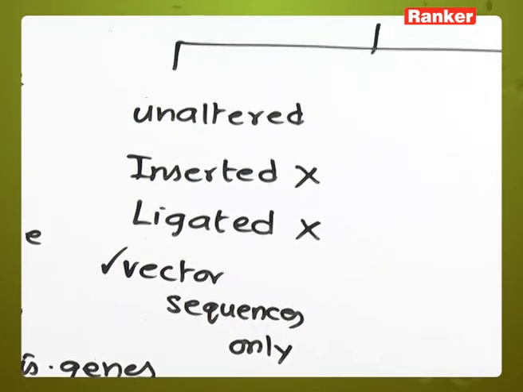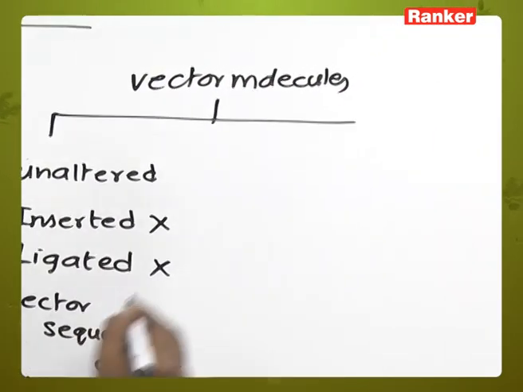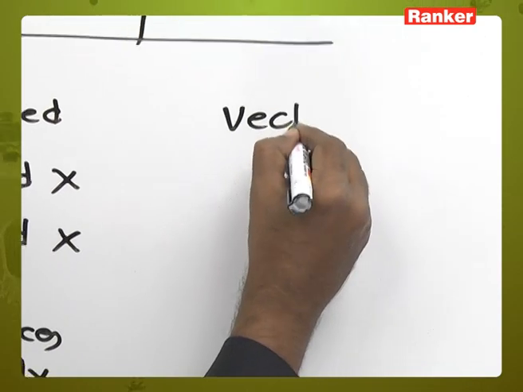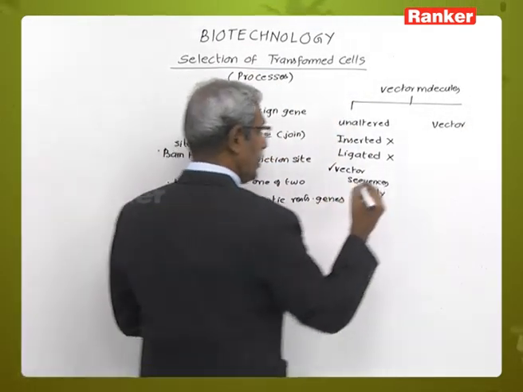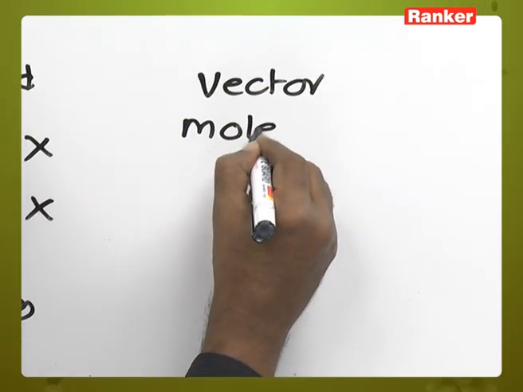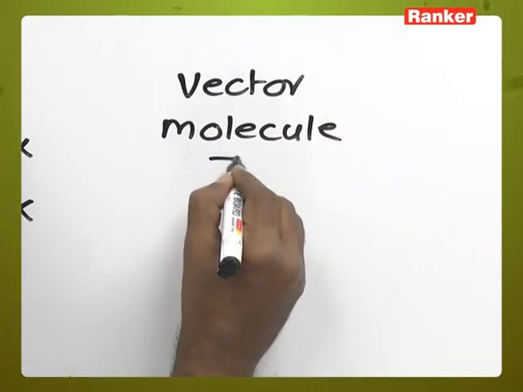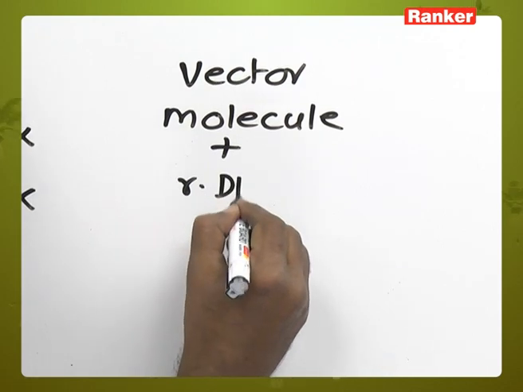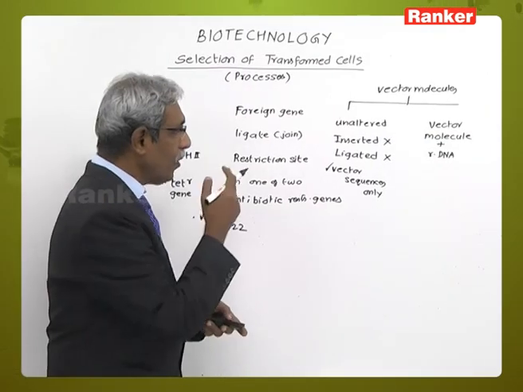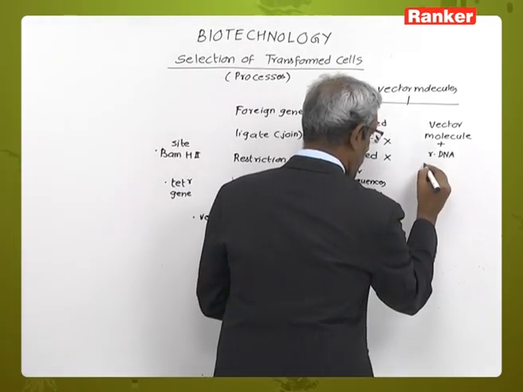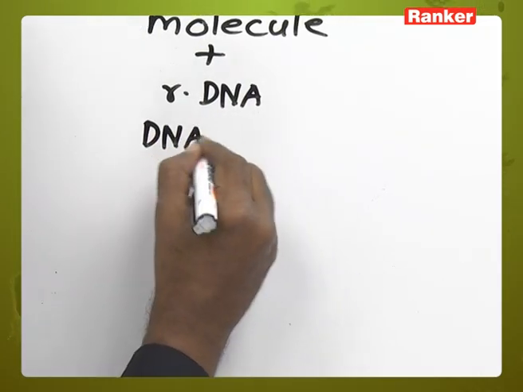Then we have a second situation wherein the vector molecule has the recombinant DNA, that is the gene of interest. The vector molecule has got your recombinant DNA or your DNA insert.